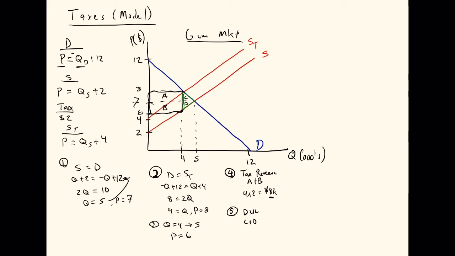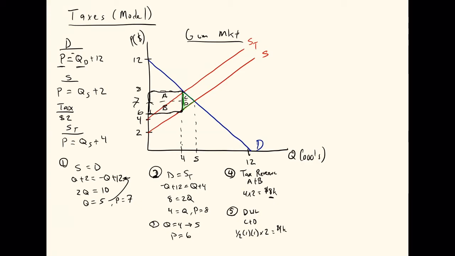So in this case, we're going to have 1/2 times 1 times 1. And since there are 2 of those triangles of the same size, we'll just multiply that times 2 and wind up with $1,000 of dead weight loss.